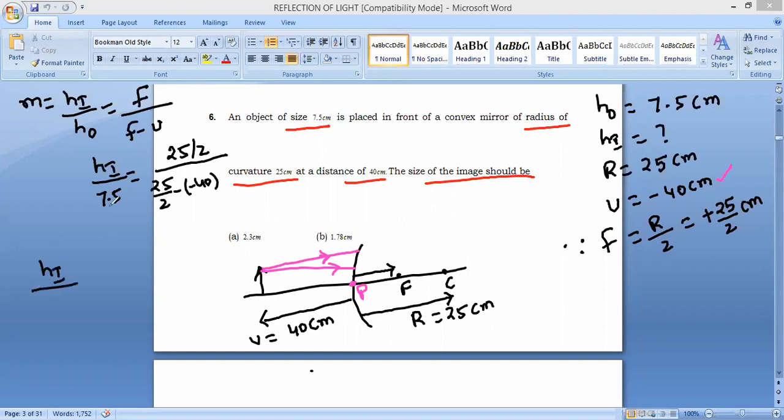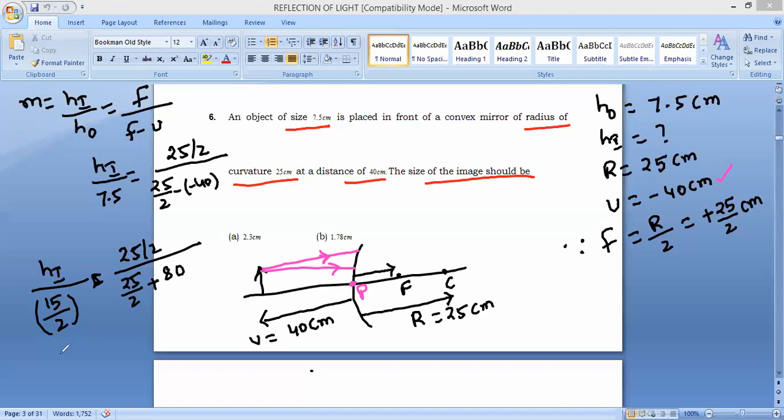So this 7.5 I will write as 15 by 2. And 25 by 2. For the denominator, take LCM. That is 25 by 2 plus 18.